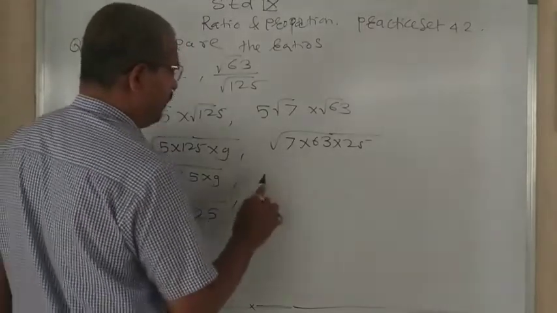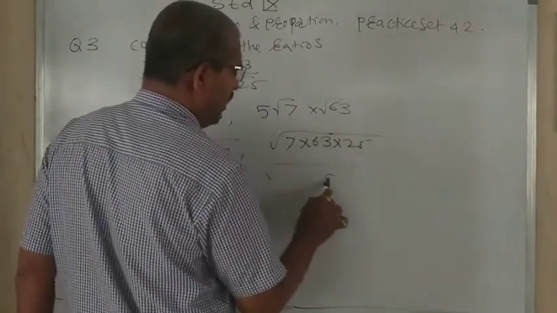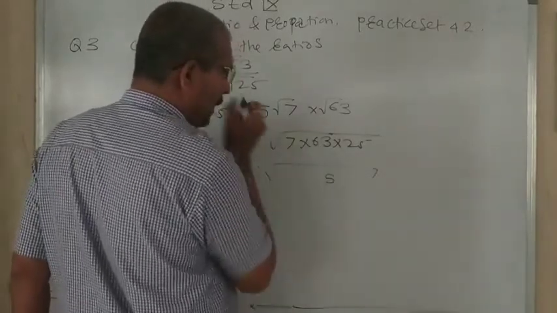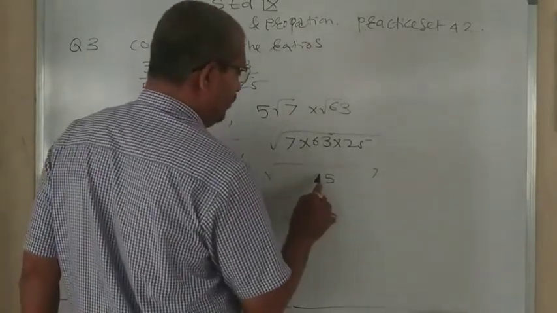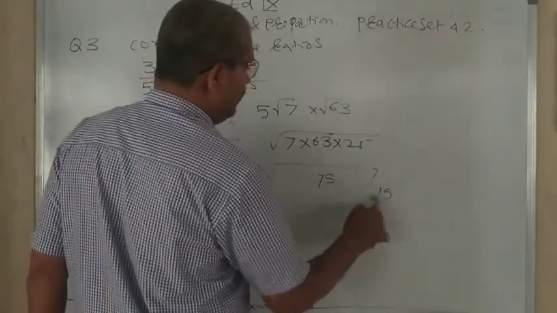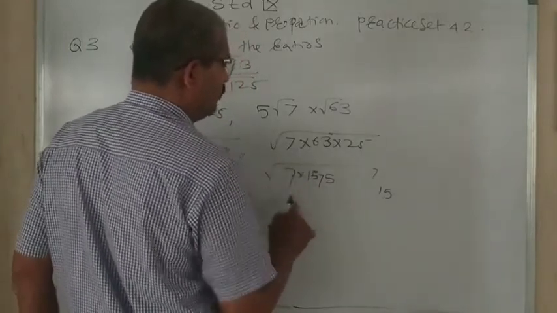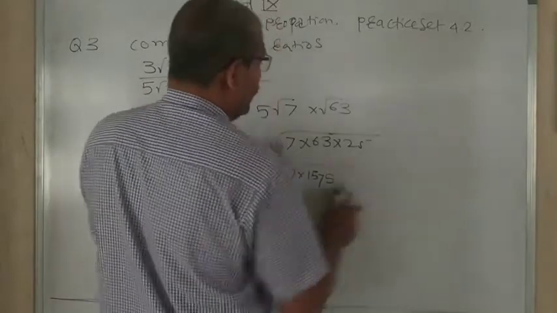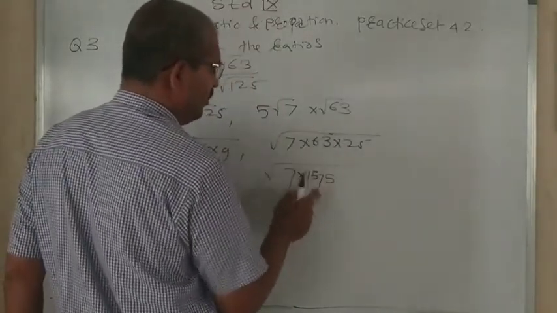Now here 25 3s are 75, carry 7, 25 6s are 150, 150 and 7 is 157. Now 157 into 7.